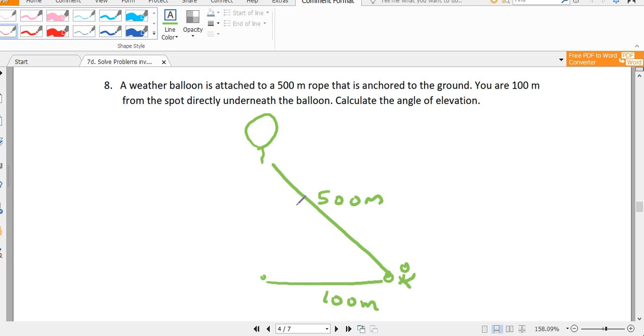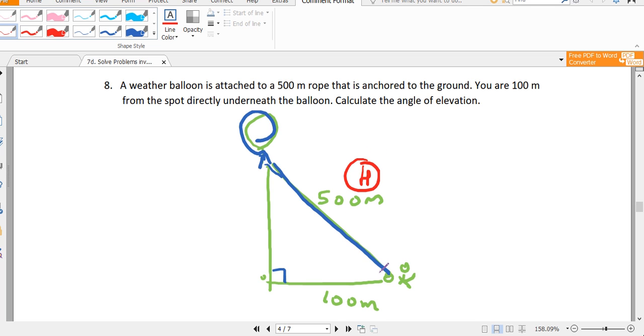Calculate the angle of elevation. So that's you staring at the balloon. In fact, I'm going to do this to kind of distinguish. Here's the balloon with a rope. That's you. You are 100 meters from directly underneath it. Okay, now we just label the sides. Here's 90 degrees, opposite of that. That makes this the hypotenuse.